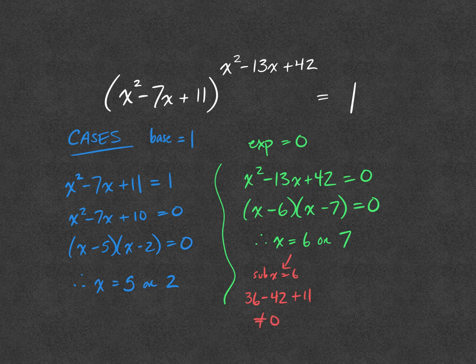So we can accept 6 as a solution. Do the same check with your 7. Sub x equals 7 back into the base. So 7 squared minus 7 times 7, which makes the calculation even easier. It's just 11, again not 0, so I can accept that as well.